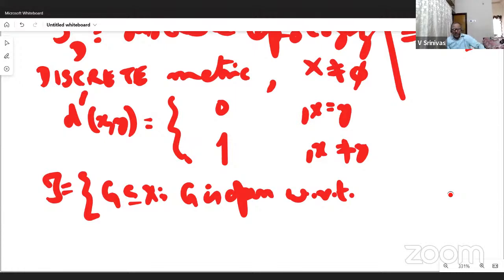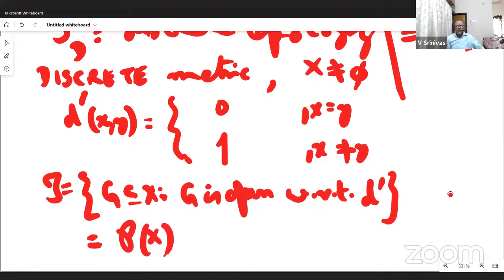So you collect all open sets, all those subsets of X which are open with respect to this metric d dash. And you can see that this is the power set of X. It means that this is the discrete topology.